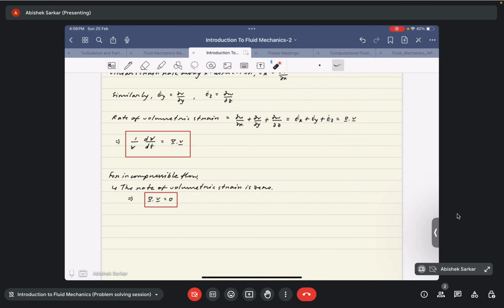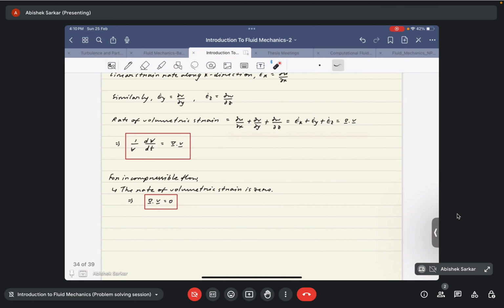So we are saying that 1 upon the volume times dou V by dou t is the divergence of the velocity field, which comes from this expression, where we disregarded the higher order terms. Then if the divergence of the velocity field is 0, it implies that the rate of volumetric strain of the particular fluid element is 0.